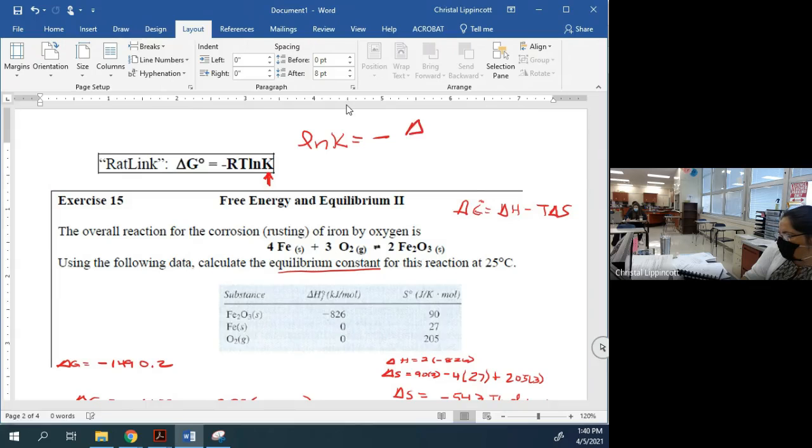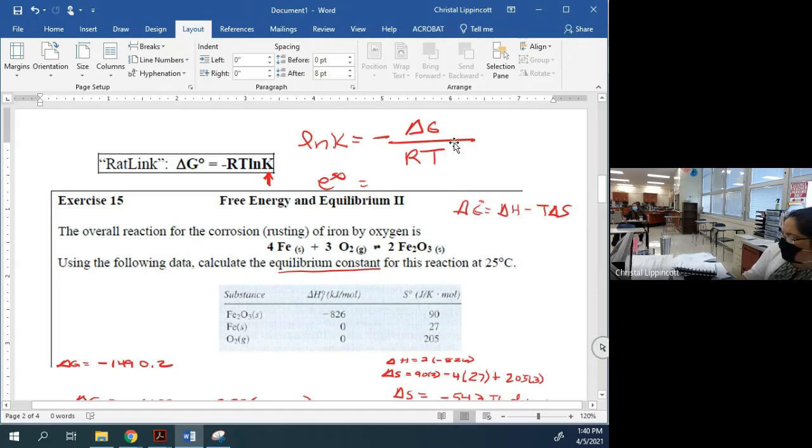It's going to be delta G divided by RT, and the link stays on this side. Okay? And then remember, if we take e to the negative, or what is it? How do you do that? Yeah, e to the x. E to the x will get you out of that natural log.